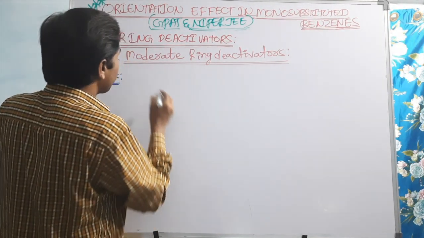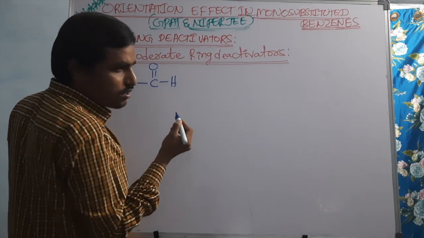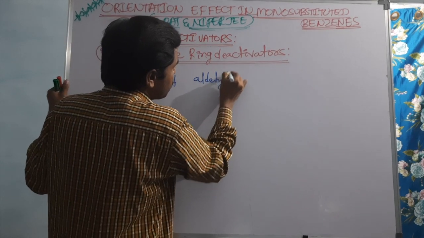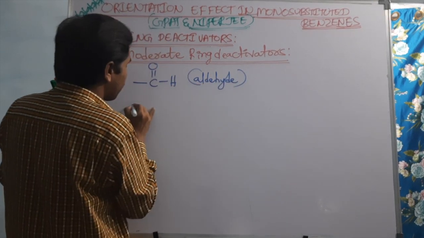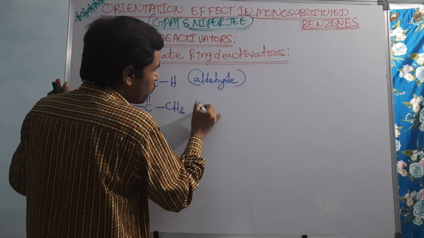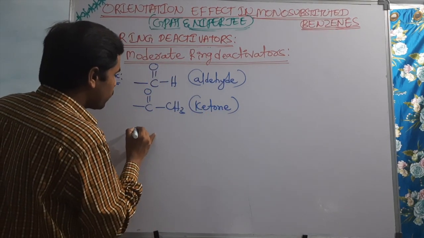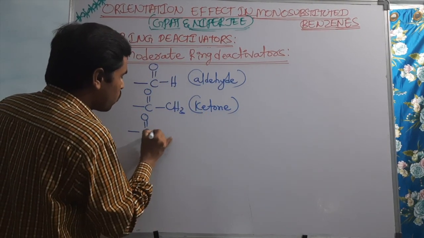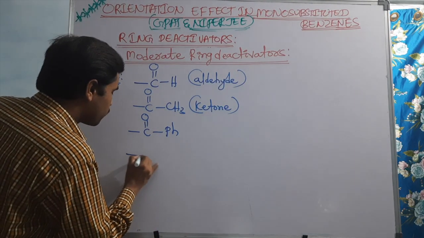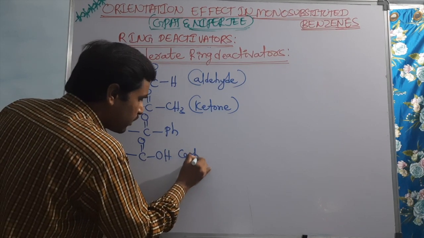Coming to the examples, a very famous example is C double bond O H, or CHO, which is called an aldehyde. Next, C double bond O CH3, which is a ketone. Then C double bond O Ph. Next is C double bond O OH, which is a carboxylic acid.